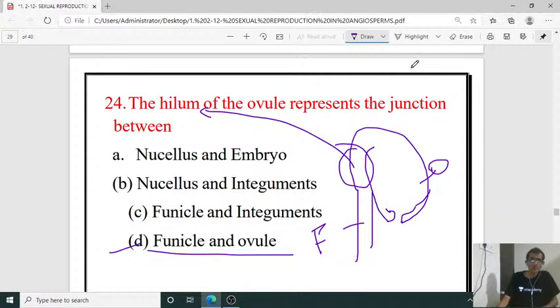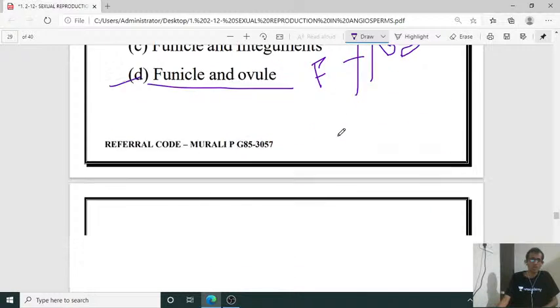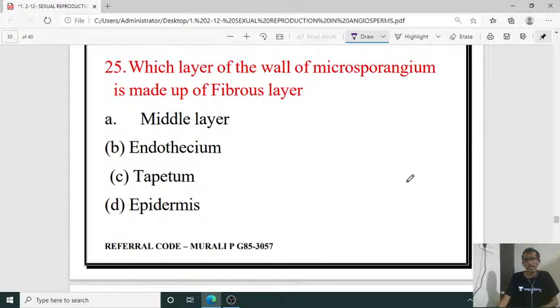Next, question number 25. Which layer of the wall of microsporangium is made up of fibrous layer? This fibrous layer formation is important during dehiscence of the anther to release the pollen grains. So the 25th question answer is B, endothecium.